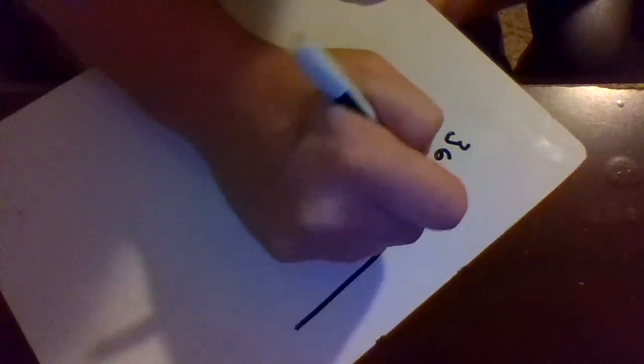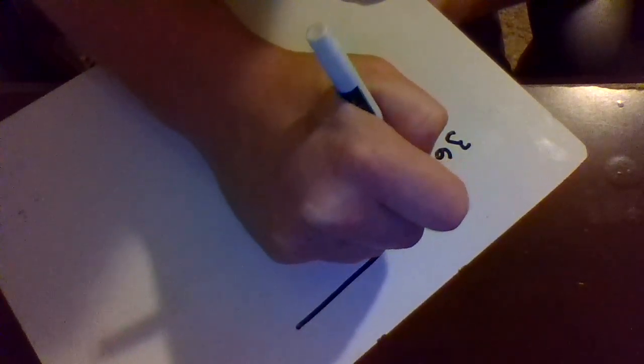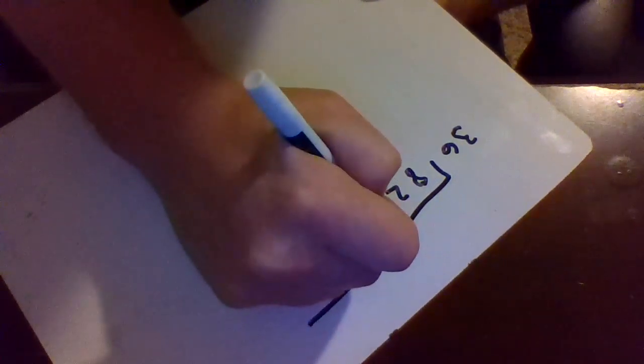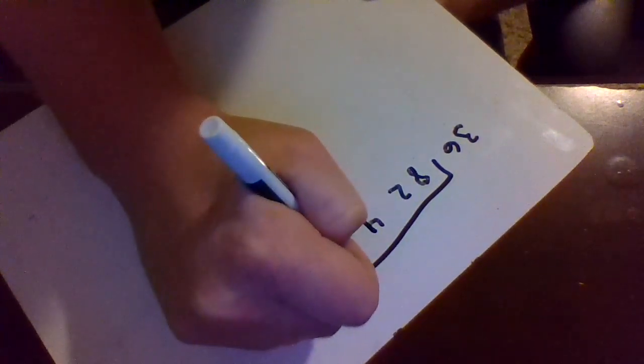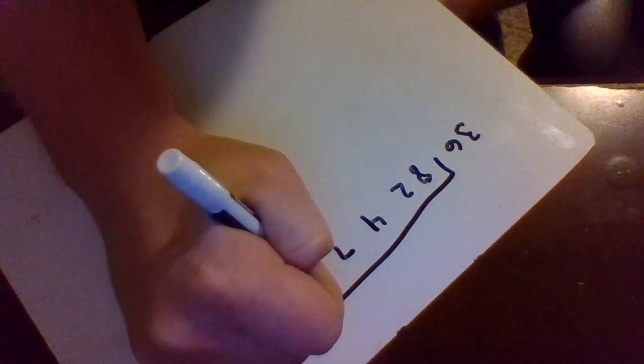So now let's step up to 5 digits, 5 by 2. You might see this, you might not. 36 into 82,476.